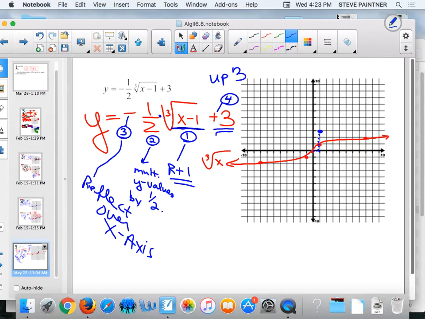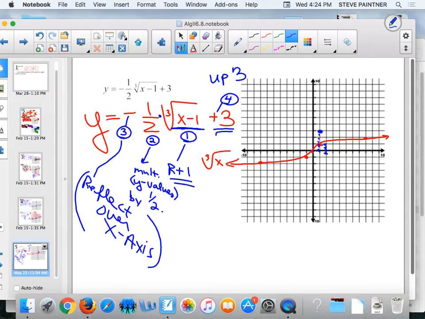All right, do it again with 1, 1. Okay, 1, 1 moves where? Right 1. Then you take your y value and you multiply by 1/2. Since you're up 1, 1/2 of 1 is 1/2. Now you're 1/2 a unit up. Then you got to reflect it over the x-axis. Well, if you're 1/2 a unit up, now you're 1/2 a unit down.